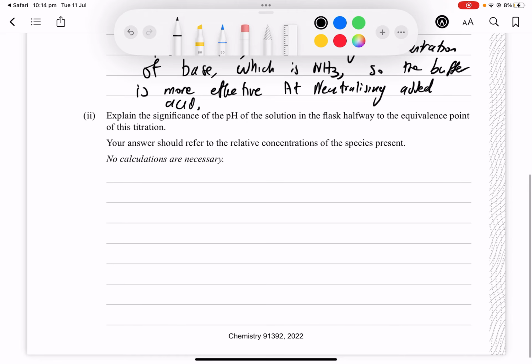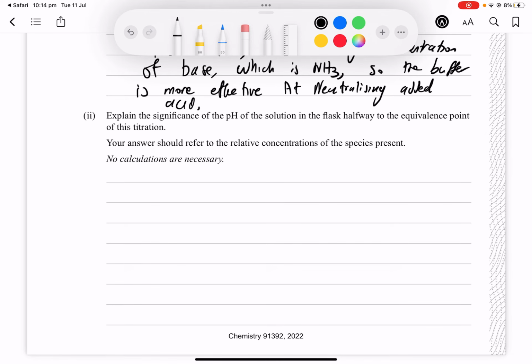So we want to explain the significance of the pH of the solution in the flask halfway to the equivalence point of the titration. So for this question, once we're halfway to the equivalence point of the titration, we know that exactly half of the NH3 has reacted to form NH4+. So there's exactly half of the NH3 left, producing exactly equal amounts of NH4+.